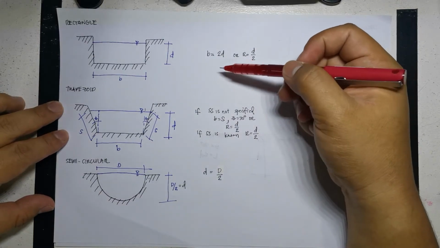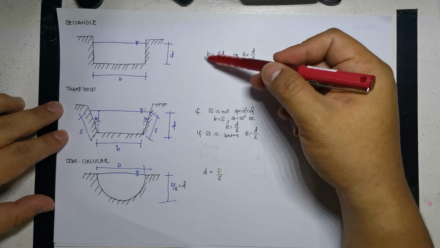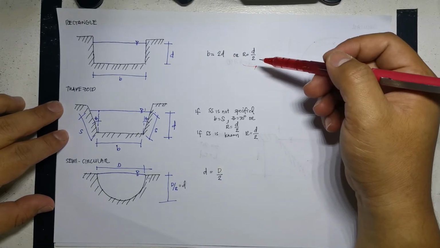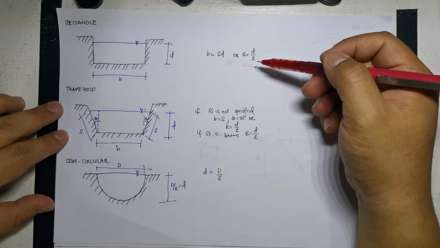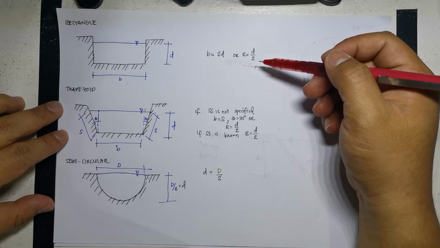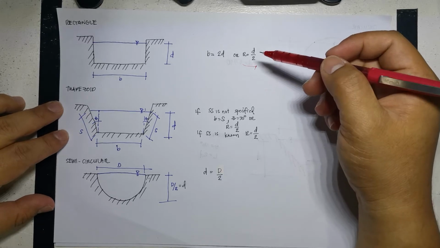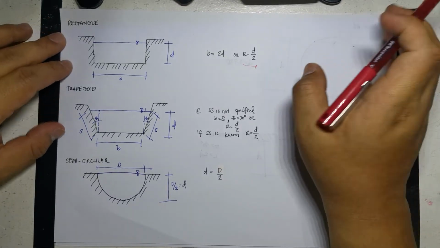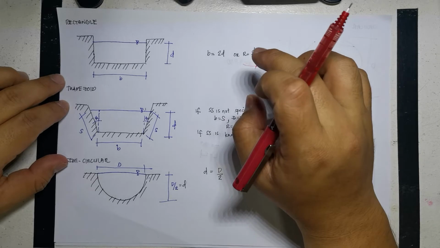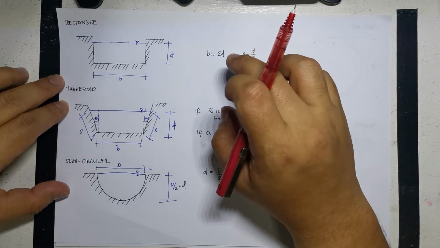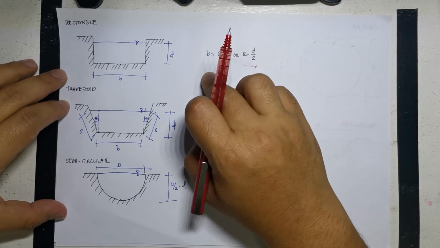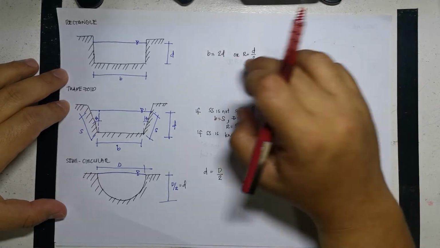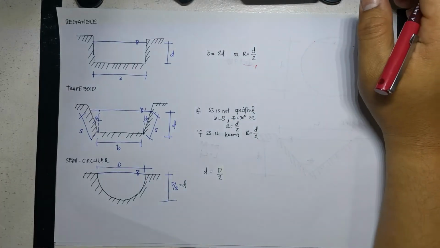If you get the hydraulic radius using this condition, you will arrive at R, the hydraulic radius, equals D over 2, or 1/2 of the depth of flow. So that is the condition for a rectangle. The depth of flow should be equal to 1/2 of the base, or the base has to be equal to twice the depth of flow. Okay? That is the condition.